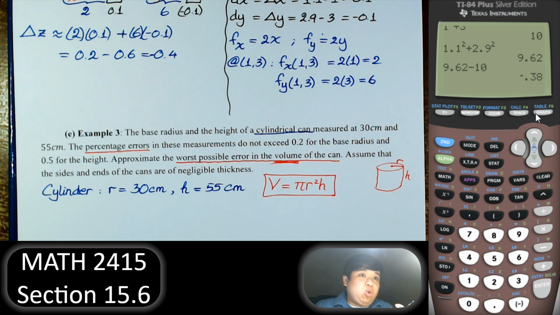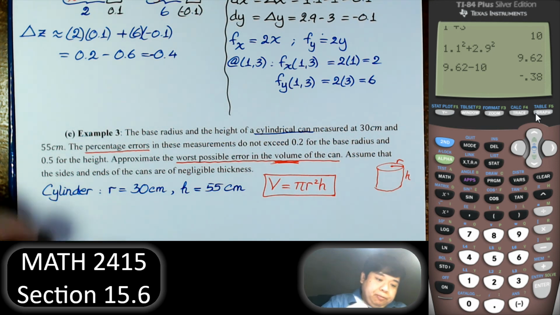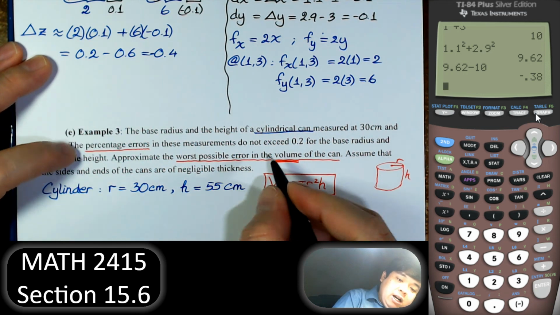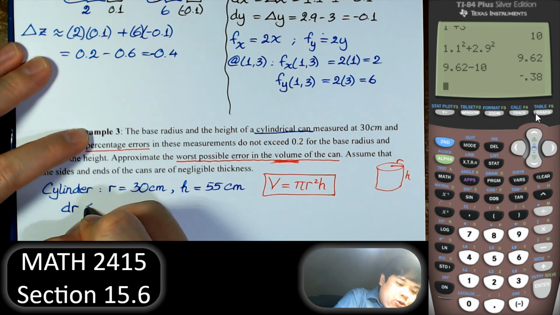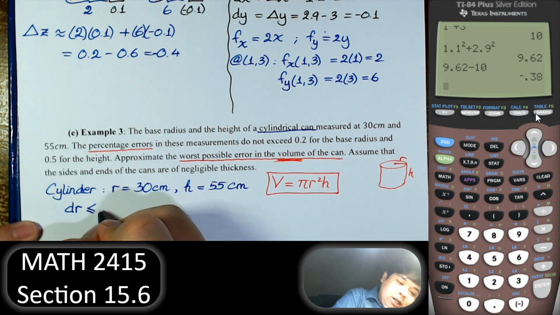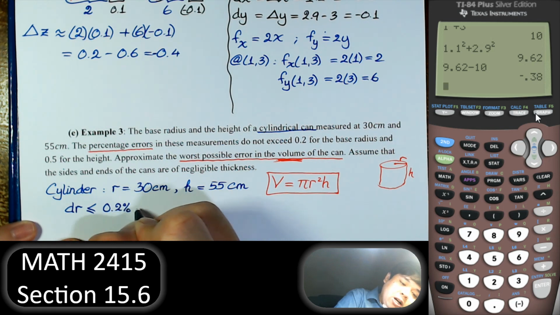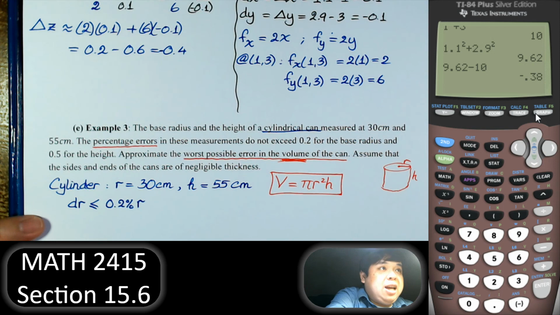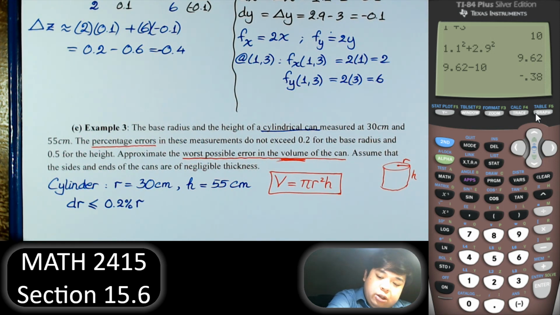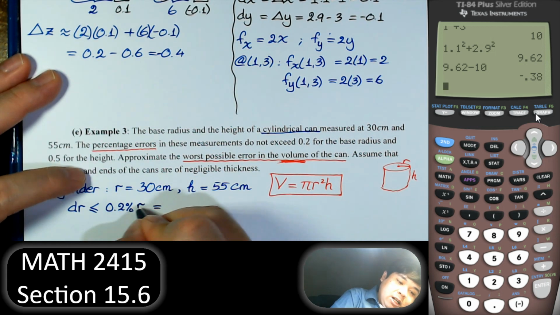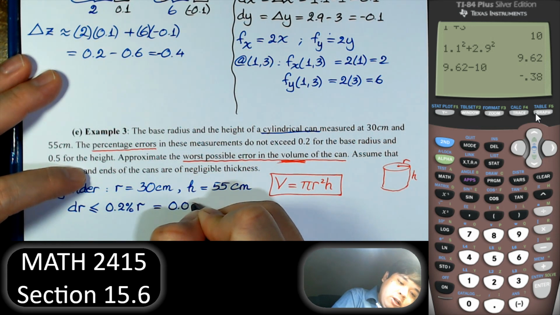Does that mean it's 20%? Obviously not, it's 0.2%. So we will say the change in the radius has to be less than or equal to 0.2% of the actual radius. That's what it means. The percent error does not exceed 0.2. Let's rewrite this as 0.002 r.